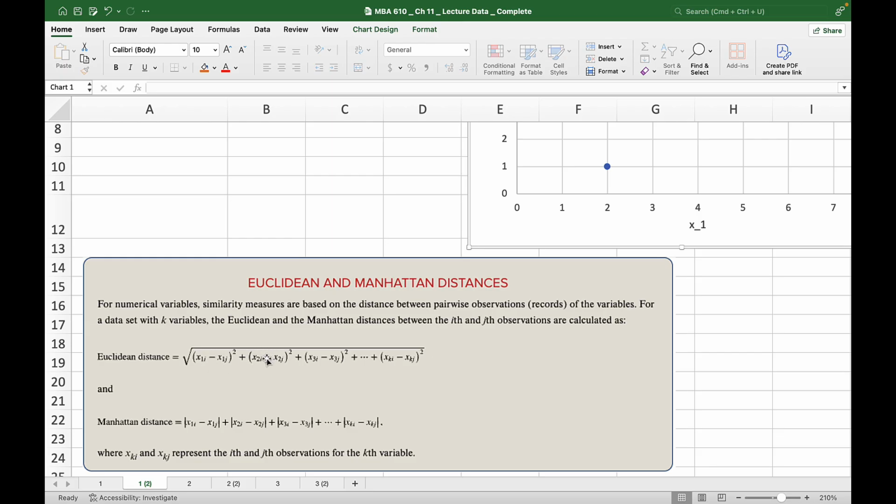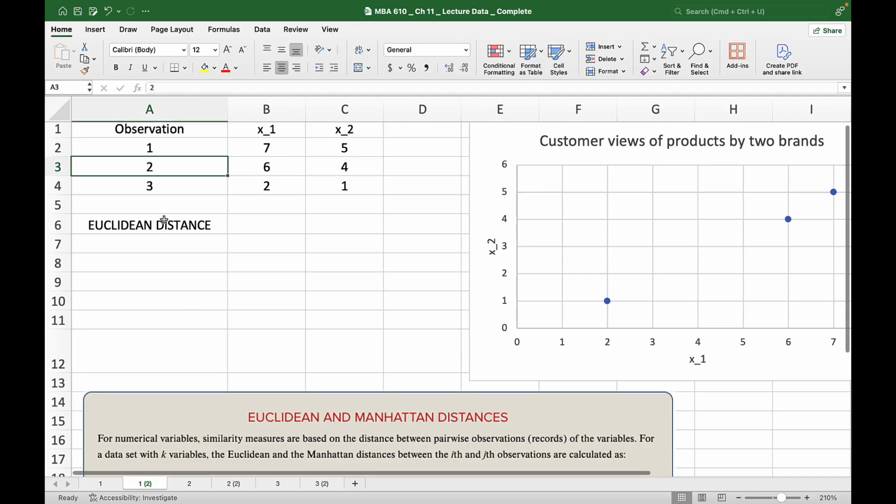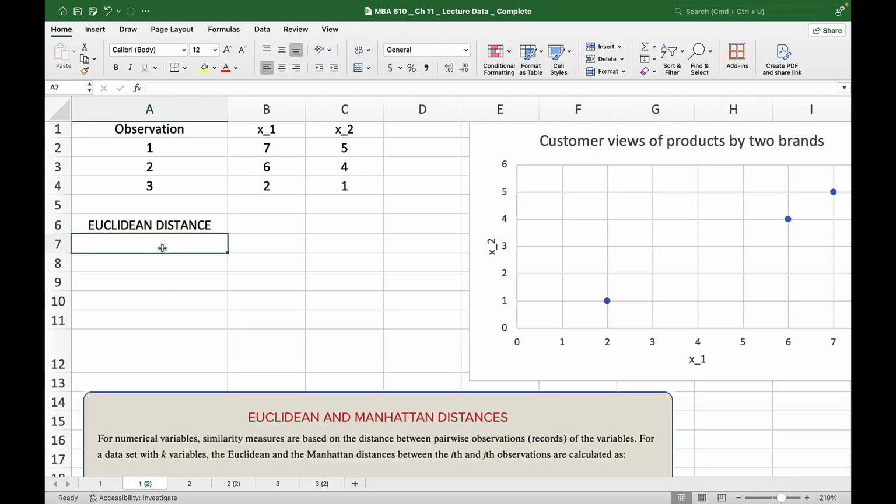Then I create the Euclidean distance by taking the square root of the sum of those two things. Let me show you what I mean. We're going to do pairs of variables. Let's see how similar or how different. We're really calculating difference here. What's the difference between number 1 and number 2? So these two individuals.